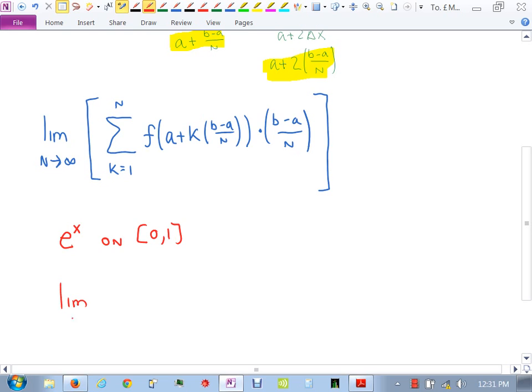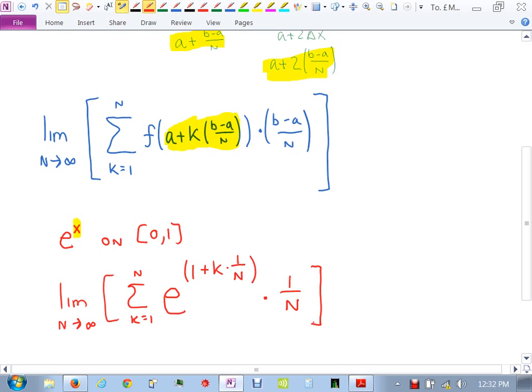I would take the limit as n goes to infinity of the sum, k equals 1 to n, of the function e, but replacing the x in the function with a plus all that stuff. But what is a for us in this problem? 1 plus k times, what's b minus a in this problem? 1, because it's 1 minus 0, over n. And then over here, times b minus a, 1 over n.